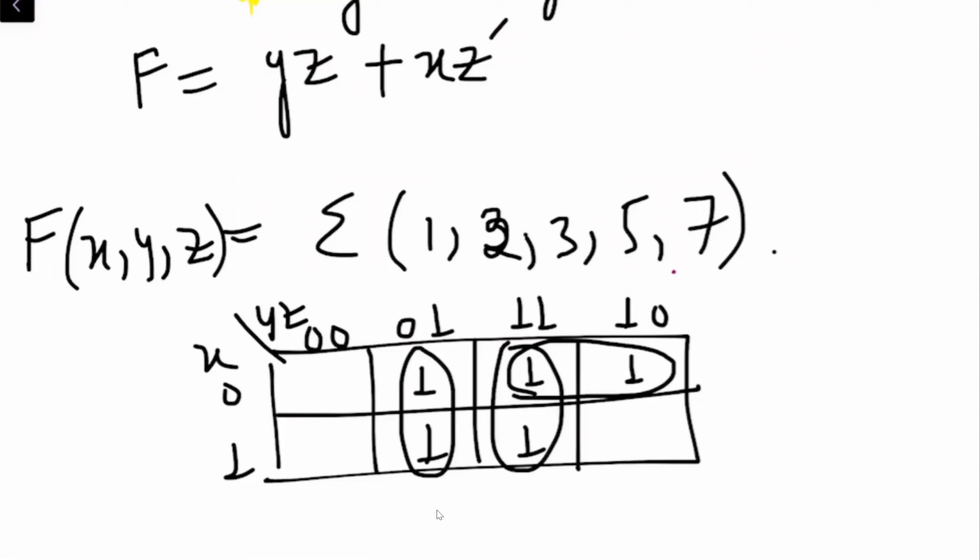Excuse me, sir, a question. Sir, the five main terms will be written in the first column of the last row.